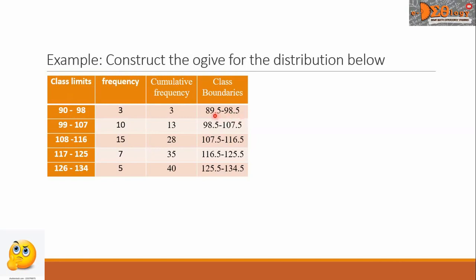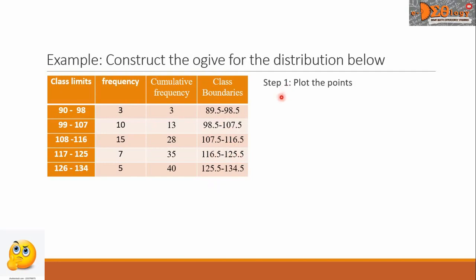That idea is true in all the class boundaries respectively. Take note also that this upper class boundary 98.5 for the first class is equal to the lower class boundary of the next class. That is true in all the other classes.